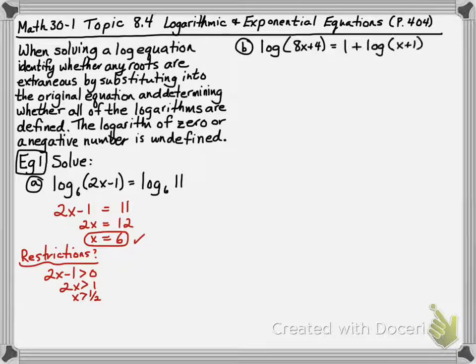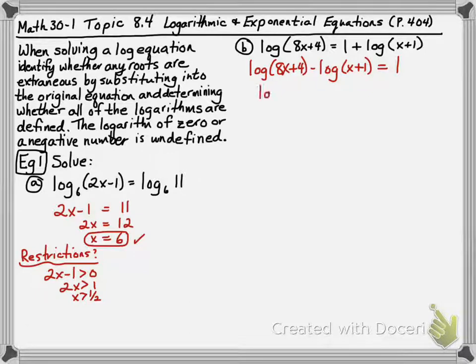In B, we have log of 8x plus 4 is equal to 1 plus the log of x plus 1. What we're going to do is subtract the log of x plus 1 from both sides. That's got to equal 1.